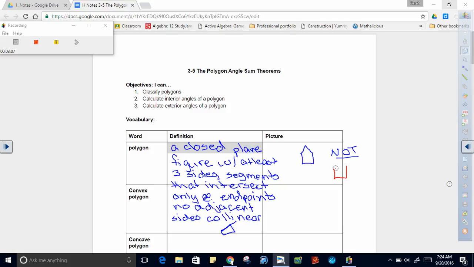And if I did a little semicircle, that's not a segment, that's rounded. This is not a polygon. It's open. I can drive a car in there. It has to be closed. This is not a polygon, because by definition, the segments of your polygon can only intersect at the endpoint. This segment is intersecting midway through. Okay?